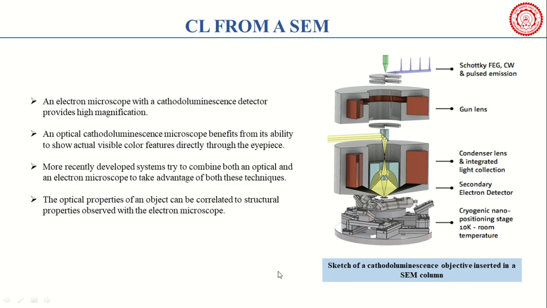So in recently developed systems, they try to combine both optical and electron microscopes to take advantage of both techniques, so that a more magnified image can be obtained, because the optical properties of an object are related to the structural properties seen with the electron microscope, making it more efficient.